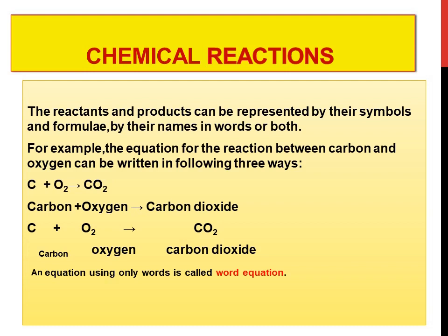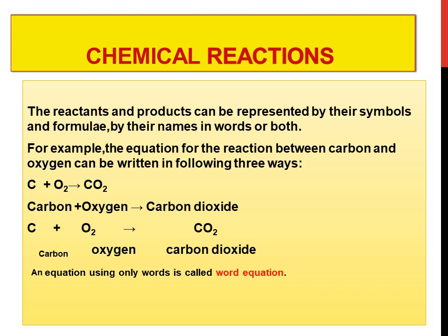Now chemical reactions, they are continued. The reactants and products which we are using in any chemical equation can be represented by their symbols and formulae, or by their names in words, or by both. All three examples I've shown in the presentation.